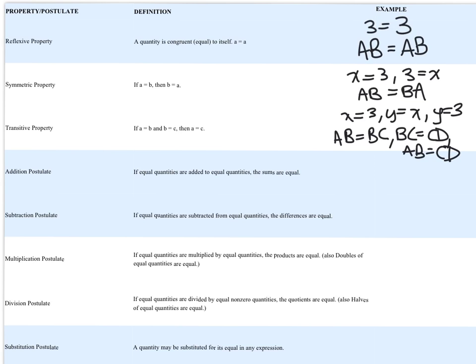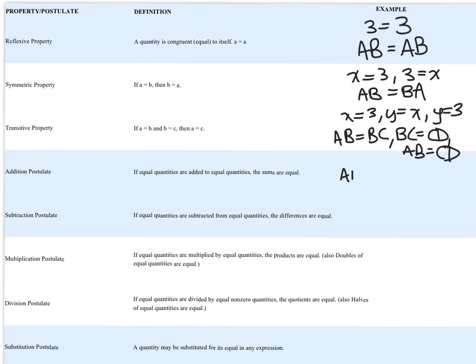The addition postulate says that if equal quantities are added to equal quantities, the sums are equal. So again, in terms of algebra, we used to say that if you had an equation, let's say x equals 3, but you added 2 to each side, it would still be equivalent. We're going to be doing the same thing here in geometry.